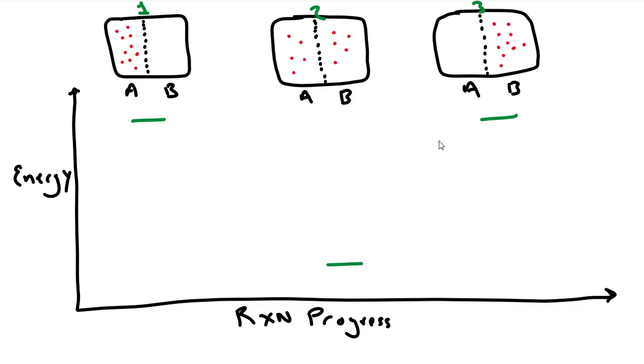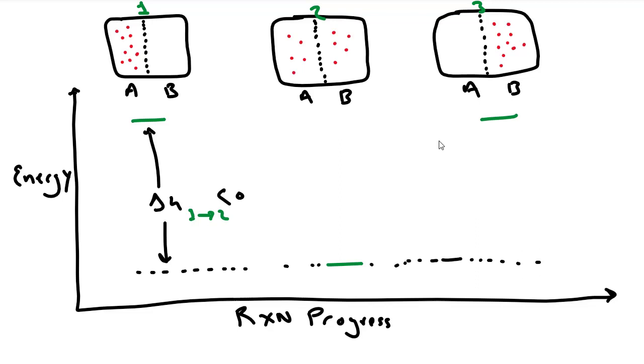So from this direction, you're going to have a delta G. So here's our delta G, and this is from going from state 1 to 2, and this will be less than 0, right? And now for going from state 2 to 3, we have a delta G2 that will be greater than 0.